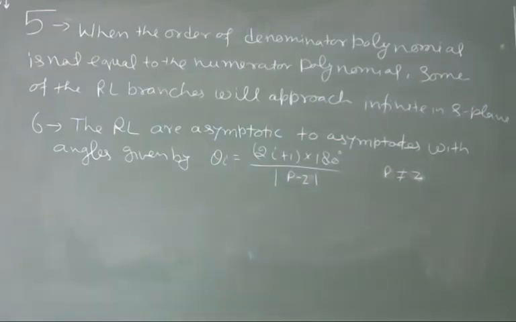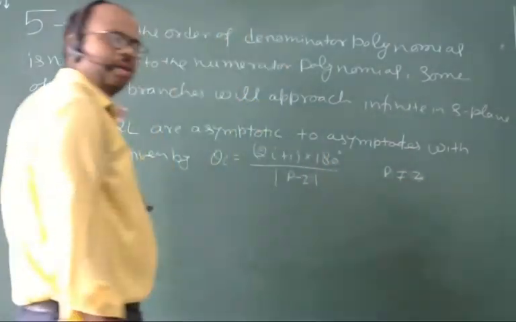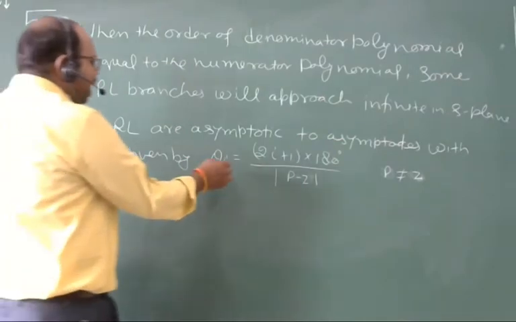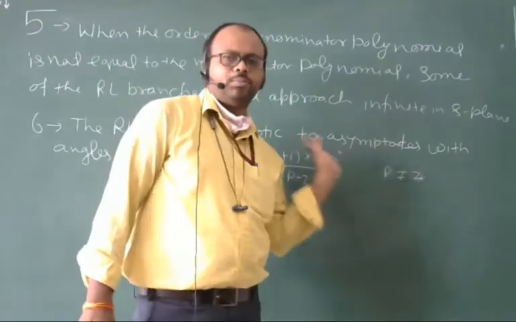If number of poles is not equal to number of zeros, then only we can find the angle of asymptotes. This theta I is the angle of asymptotes, and the root locus will be asymptotic to these asymptotes.